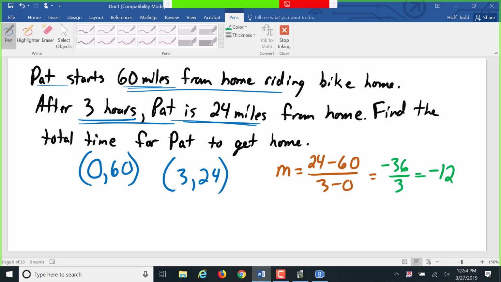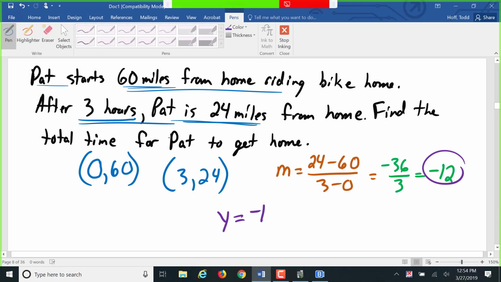We could write an equation here in slope-intercept form rather easily. Slope of negative 12, so it's negative 12 times x. How are we going to find our y-intercept?